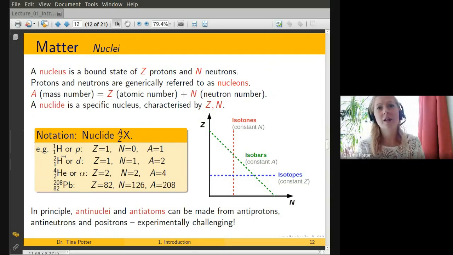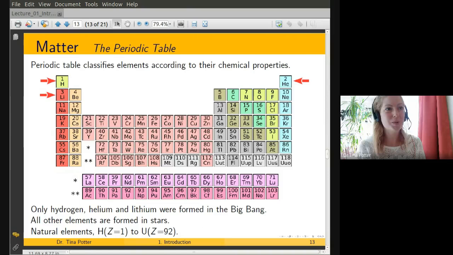So here's something that I know you recognize. This is the periodic table. We know that we classify atoms according to their particular chemical properties here. The ones that we're going to be dealing with mostly here are hydrogen, helium, and lithium, the lightest ones. Now, those were the ones that were made in the very first instances of the universe after the Big Bang.